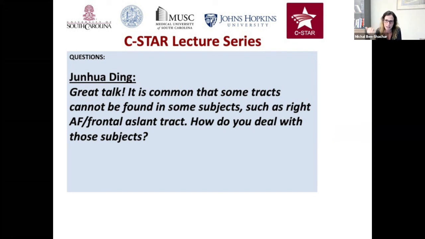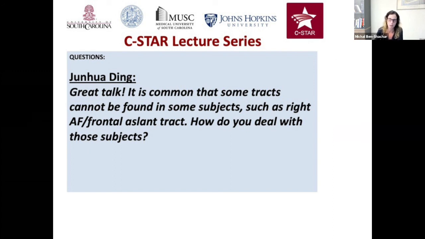So probabilistic is not that sensitive to that problem, but there are other problems in probabilistic tractography. In general, what we do is we only analyze the participants where we can find the fibers, and this is yet another reason why probabilistic tractography is an advantage.